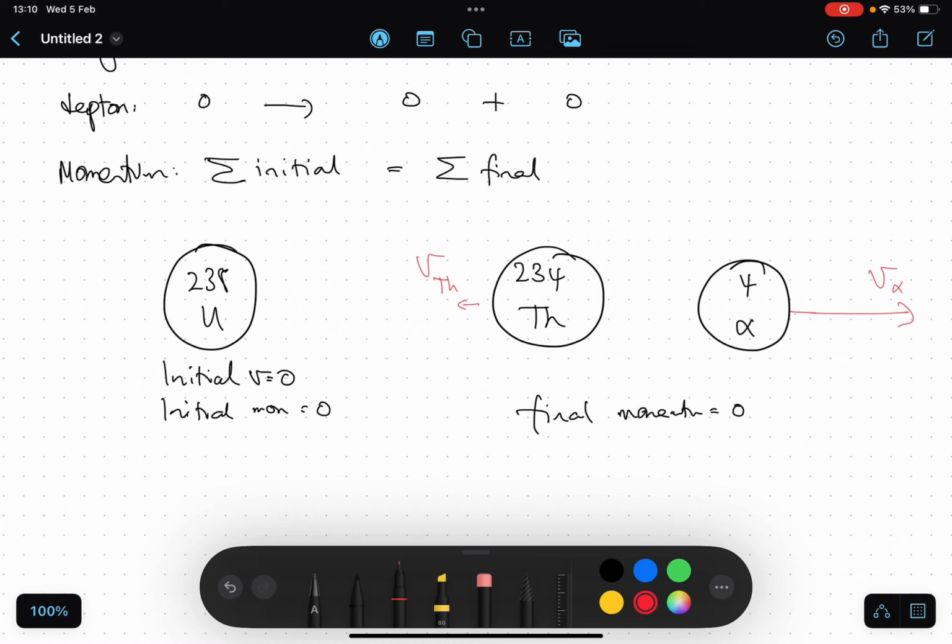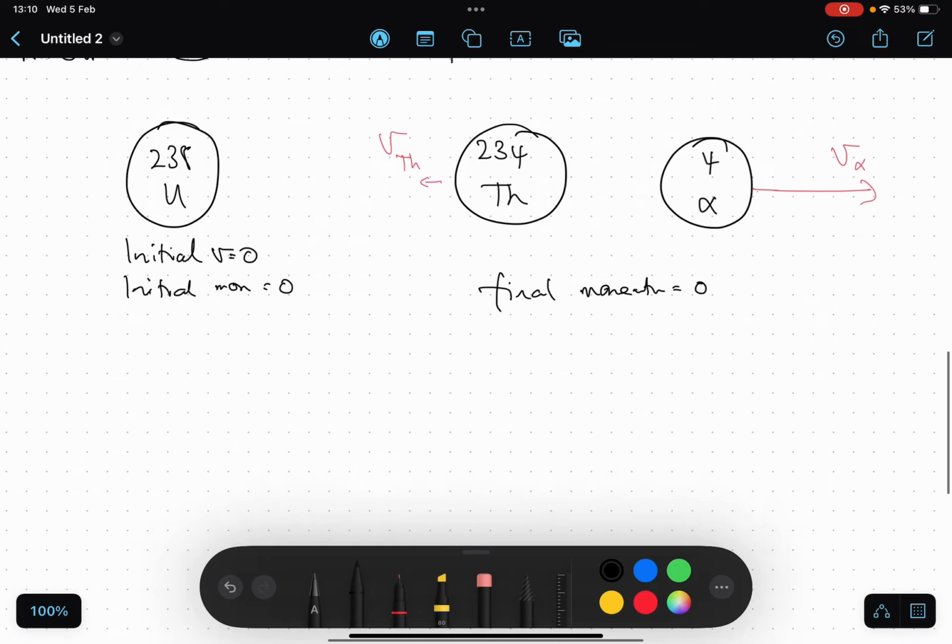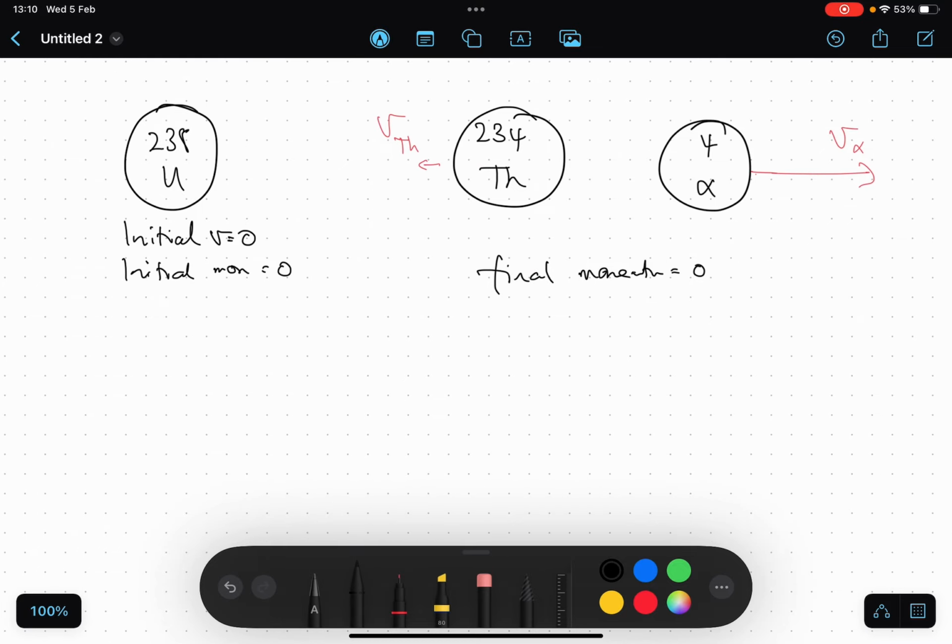Okay, is it possible to compare the velocity of the alpha particle with the velocity of the thorium nucleus if it were free to move? Momentum is mass times velocity. So we've got 234 atomic mass units in the thorium nucleus. Don't worry about the atomic mass unit, we're about to look at it. Multiplied by the velocity of thorium is equal to 4 atomic mass units for the alpha particle multiplied by its velocity. In actual fact, the atomic mass unit cancels out anyway.